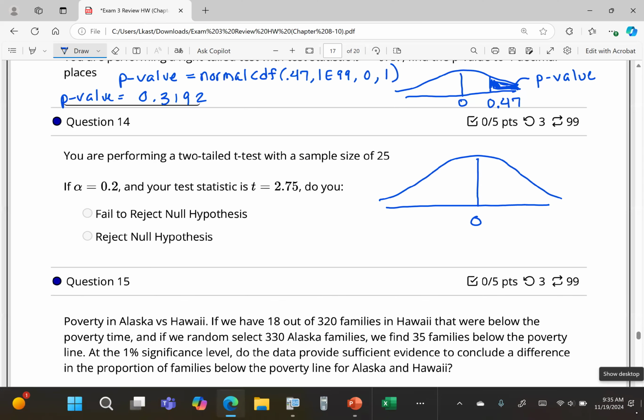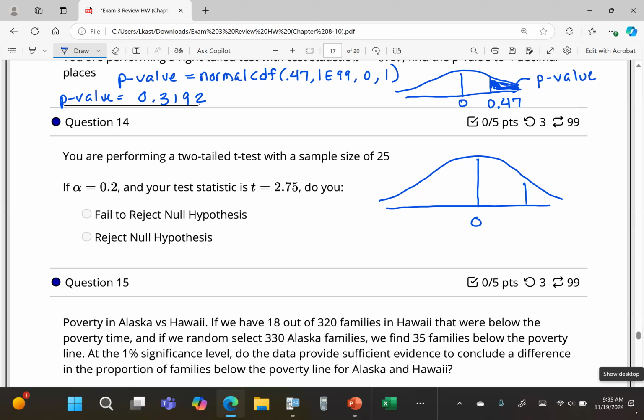So if I'm doing a two-tailed test, I'm finding the area to the right of positive 2.75 and to the left of negative 2.75. So I'm finding the area below negative 2.75 and above 2.75.